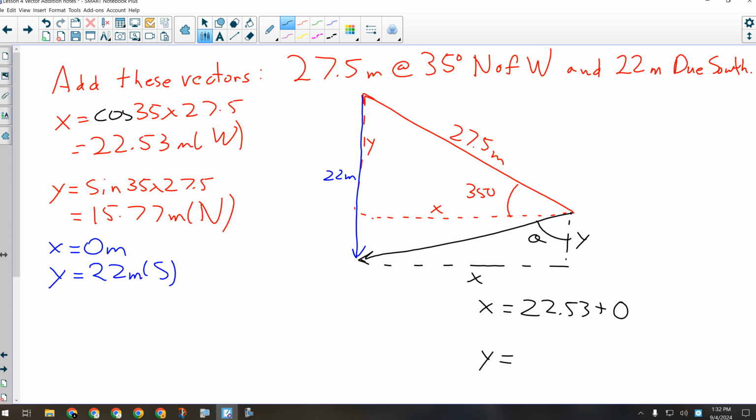So this is 22.53. Okay, and then for the y, well, that one I actually do have two values. One is north, one is south. The south is bigger. So I'm going to take the south and subtract the north, so I get this remaining y right here. If you drew the triangle the other way, you're going to get the same numbers. You just have the triangle the other way. Okay, so y is going to be 22 meters south minus 15.77 meters north.